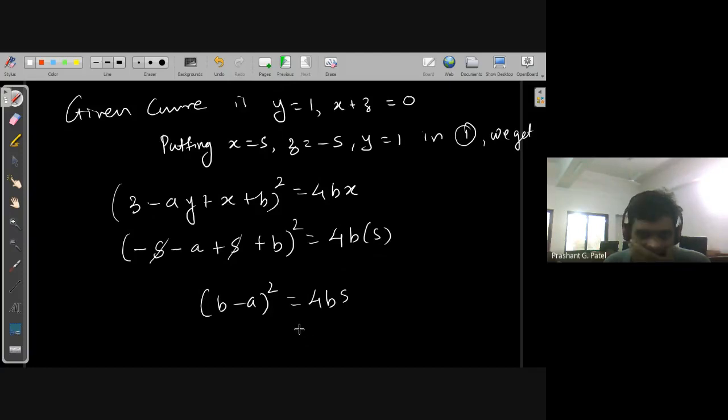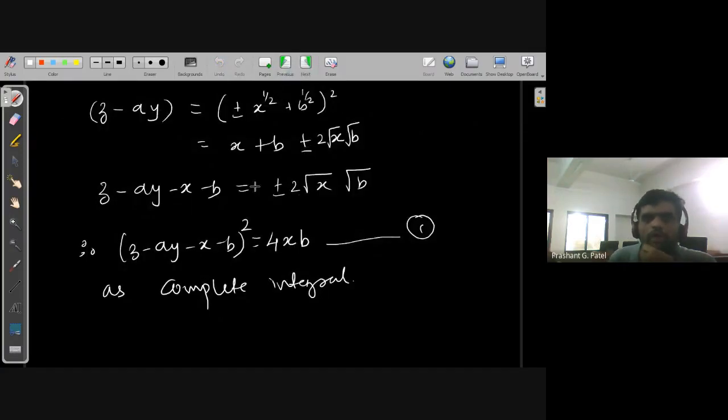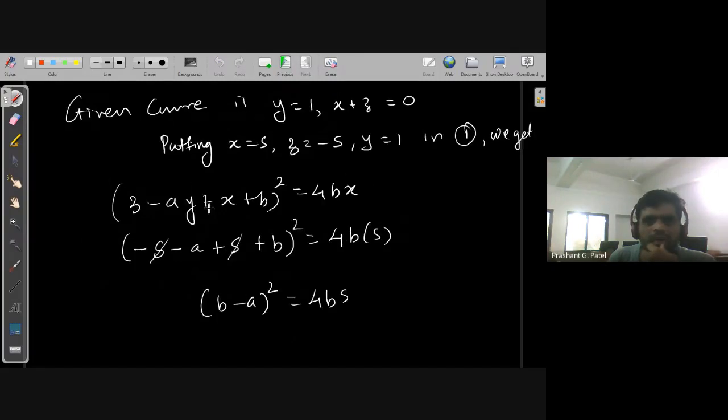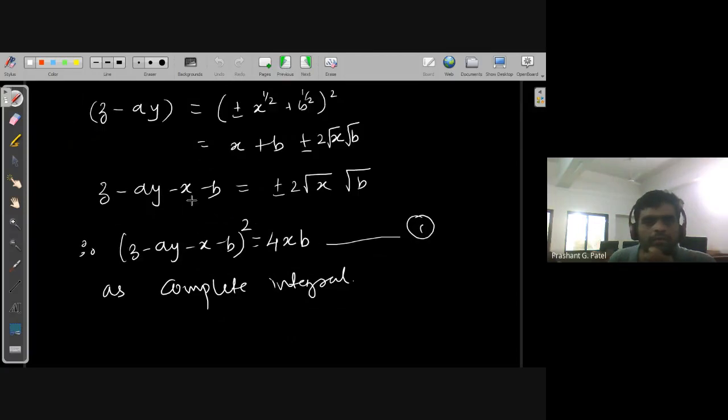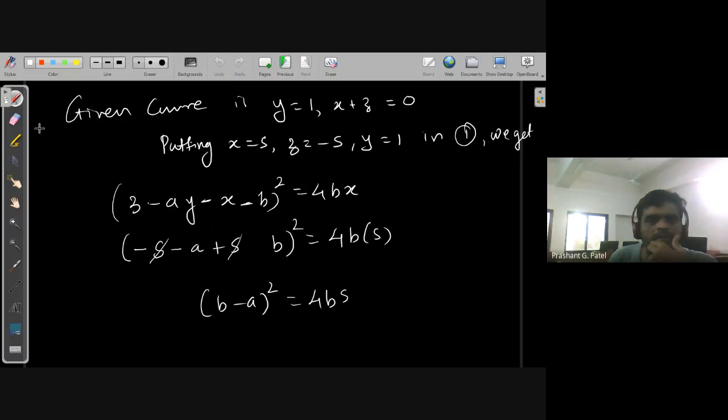So the value of s we get from this. All the terms are minus, so I have written plus here; this is minus and this is also minus. Everything is minus here, so this is not cancelled. This will be s.